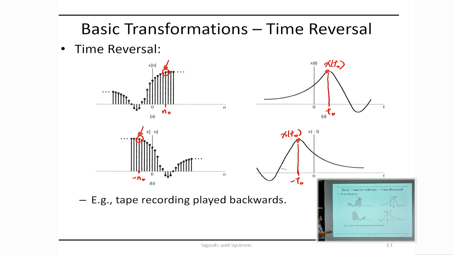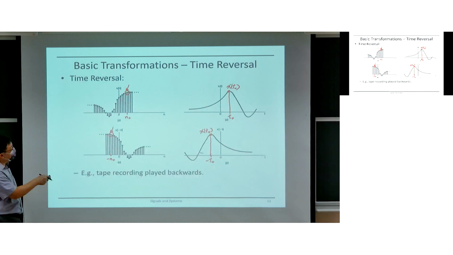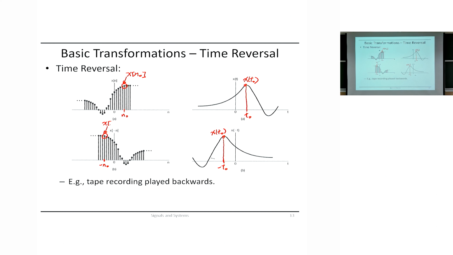If you substitute minus n naught into n here, you will see that this value is indeed x of n naught. So if this is x of n naught, then at time minus n naught of the time reversal, you will also observe the same signal. And this is the same for continuous time signals as well.